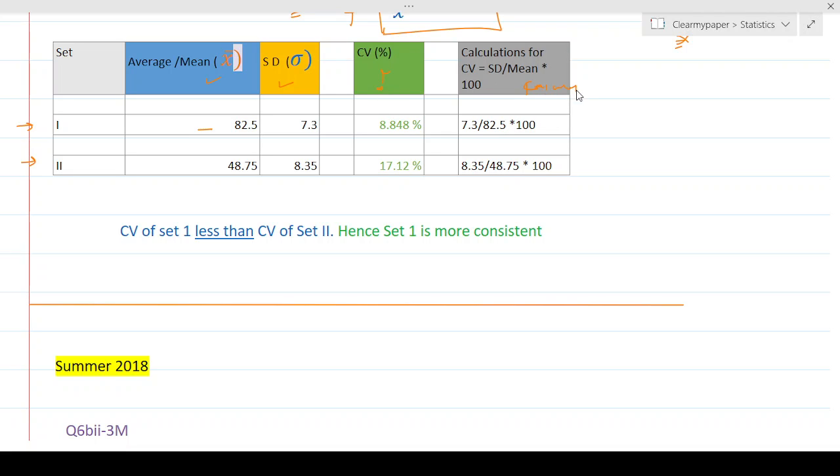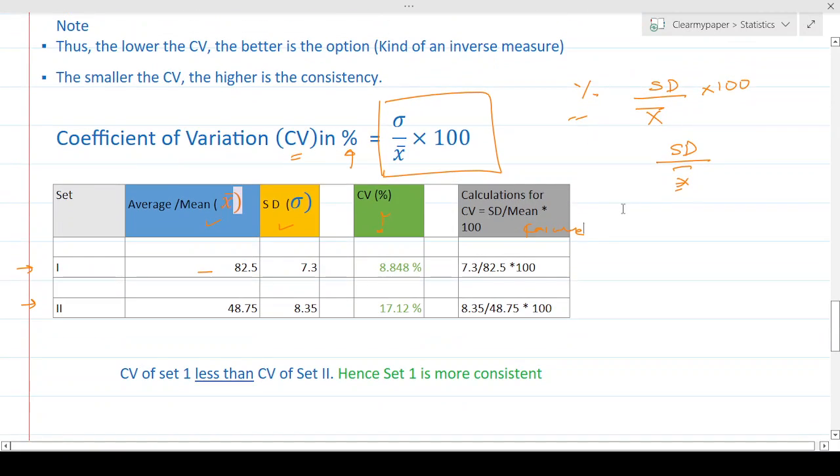Okay. So I've applied this simple formula, the ratio of SD over x bar. What is the CV for the first set? The ratio of SD over mean, that is 7.3 over 82.5. And since I'm going to express it as a percentage, I multiply by 100. I get this value of 8.8%.